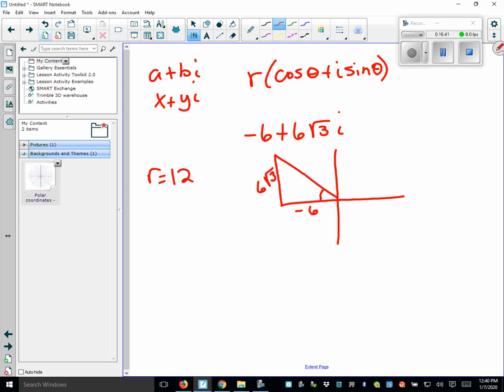Do you agree? What is this angle? 2 pi over 3. So here is rectangular; polar is 12 cosine 2 pi over 3 plus i sine of 2 pi over 3.